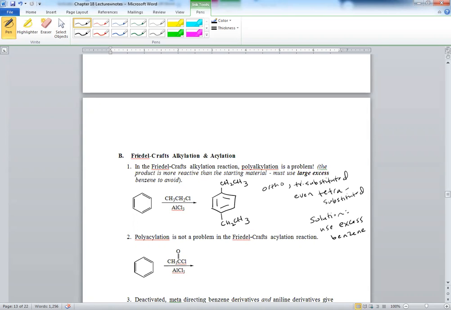So it's more reactive than actually the benzene, right? Let me show you this. This is more reactive than benzene. So guess what? It's going to outcompete the benzene to get that other group attached there, and then there, and afterward. So that's the problem that we're facing here.